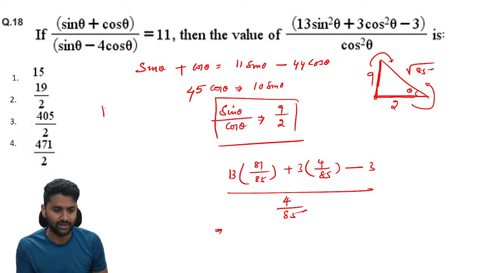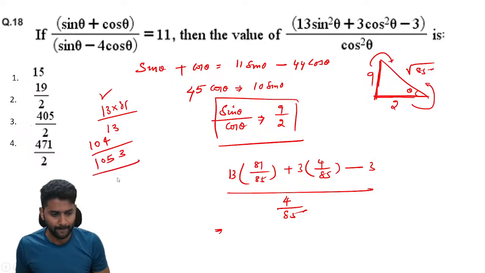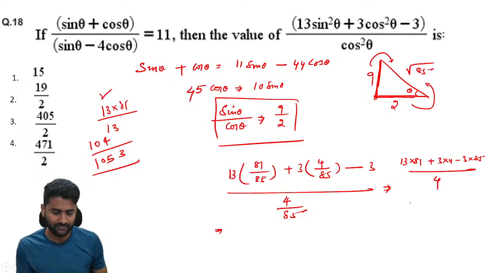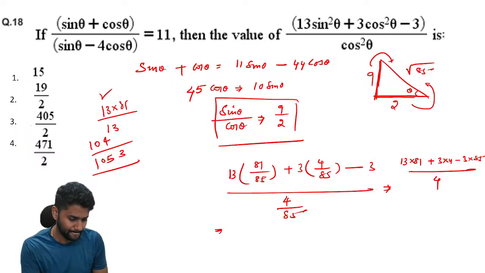For the simplification, 13 into 81 plus 3 into 4 minus 3 into 85. So you can cancel this. I am going with a direct calculation. The 85 you are able to cancel. 13 into 81 plus 3 into 4 minus 3 into 85, divided by 4. We cancel 85. Is it clear?